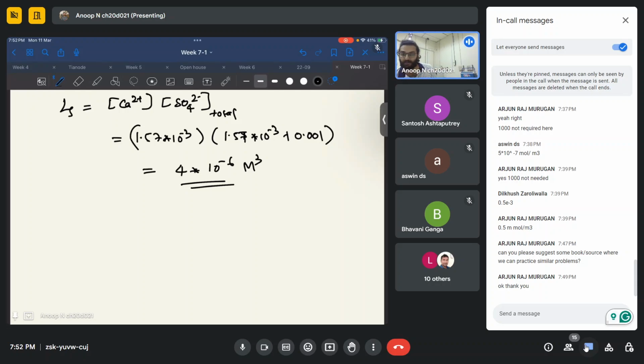I'll just give a hint also. For multivalent problems, while doing this, it is just a hint. We have equated two things, right? While solving a problem, for multivalent ions you have to consider one more point.